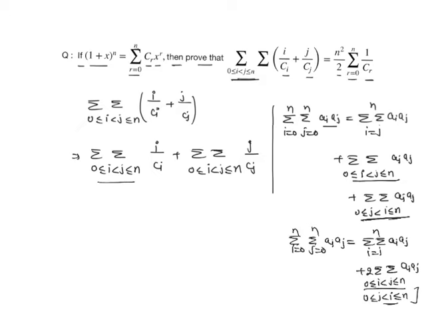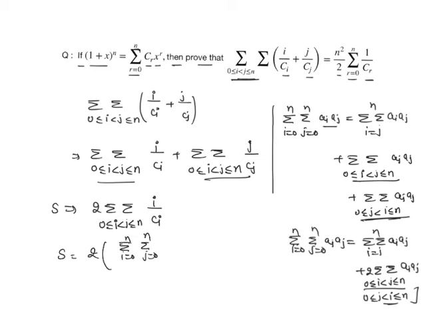So we can say here these two are symmetric, so this we can write as 2 times sigma sigma 0 ≤ i < j ≤ n, i divided by nCi. So this we will denote as S. So S equals 2 times, this we can write as sigma i equals 0 to n, sigma j equals 0 to n, i divided by nCi minus sigma sigma i equals j, i divided by nCi, whole divided by 2.